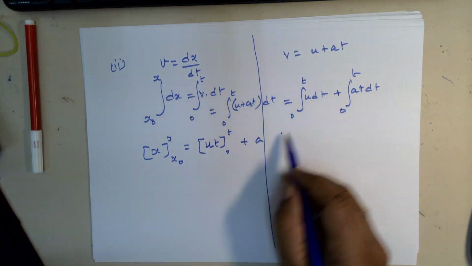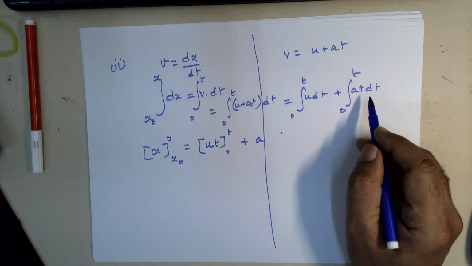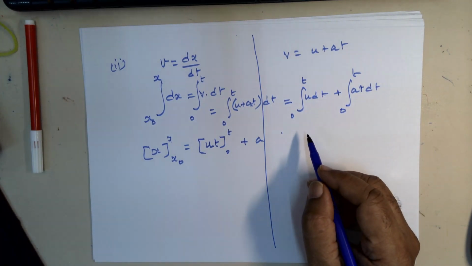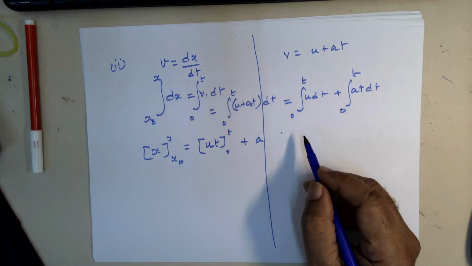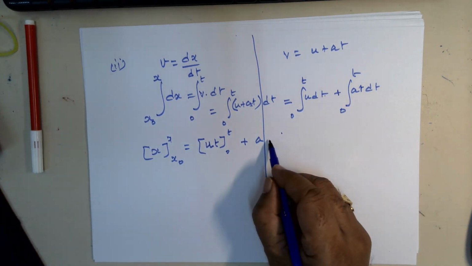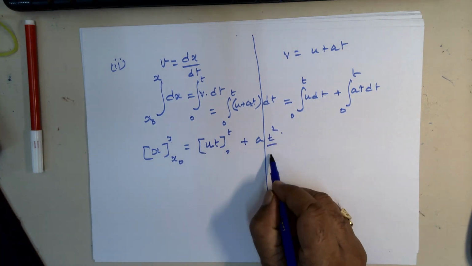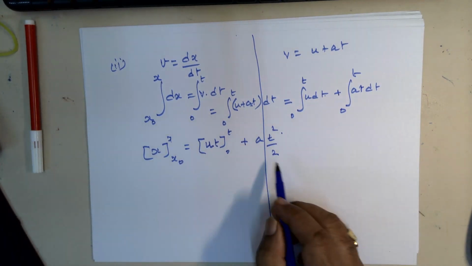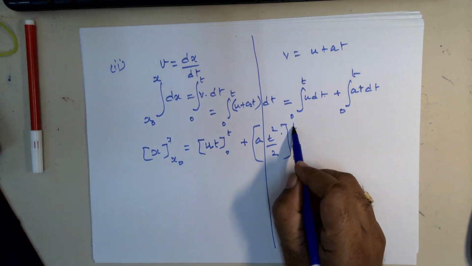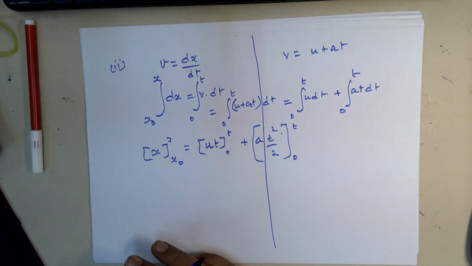You have a, and the t becomes what? t squared by 2, right? Because x power n integrates to x power n plus 1 divided by n plus 1. So in that case, t squared divided by 2, between 0 and t. Clear?